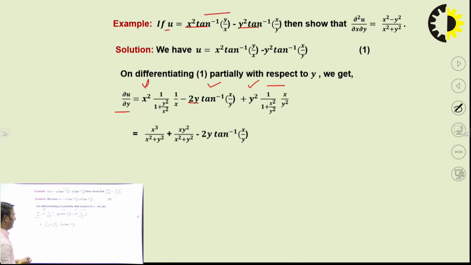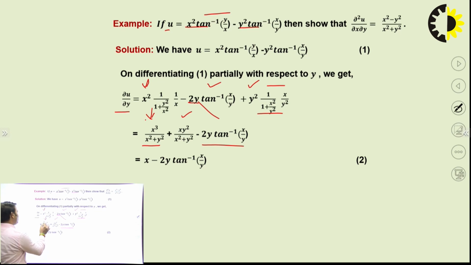By making a little calculation, we come to know that the first term converted into x cube upon x square plus y square. The third term can be converted into xy square upon x square plus y square, and the 2 tan inverse y by x remains the same here, right? Okay, so by making these two calculations, we can say this is x only.